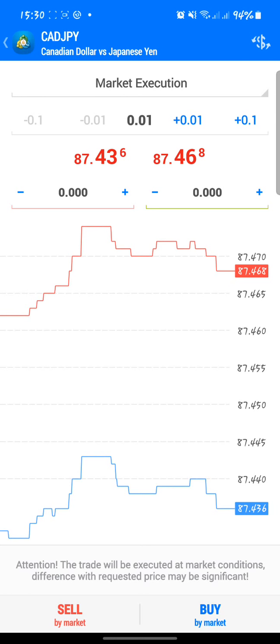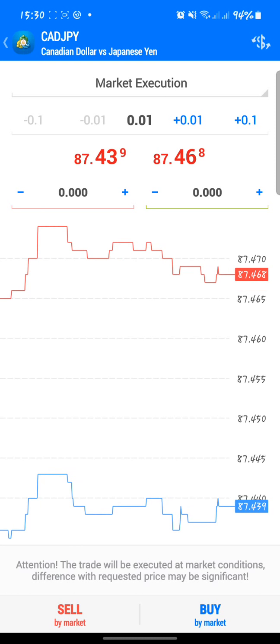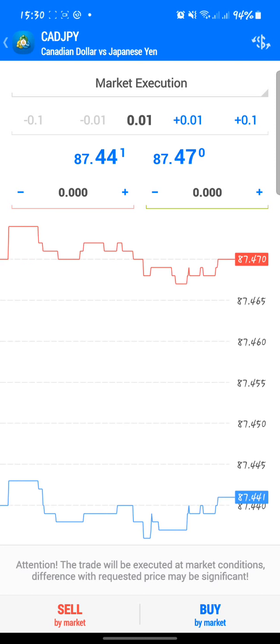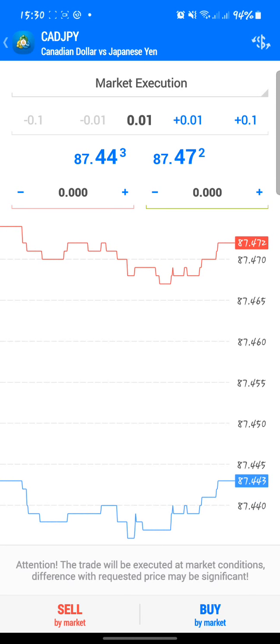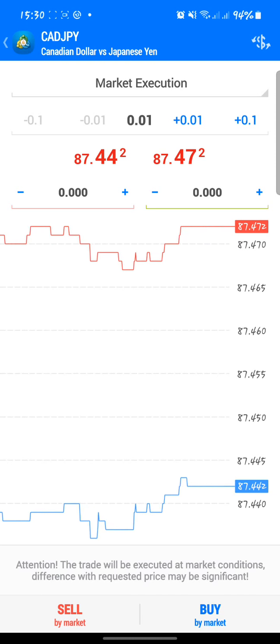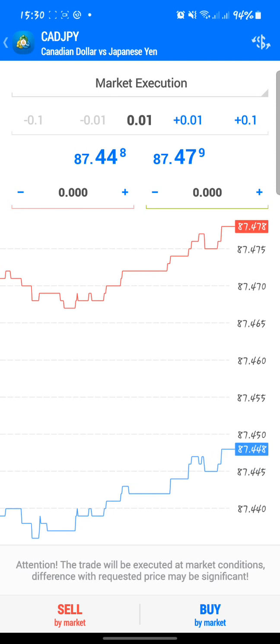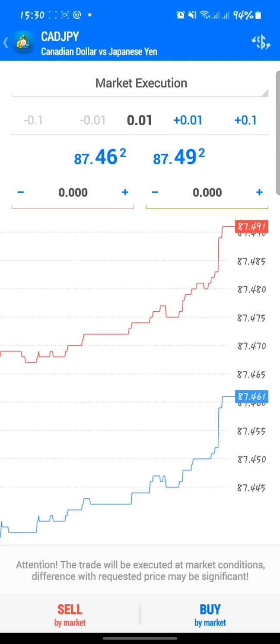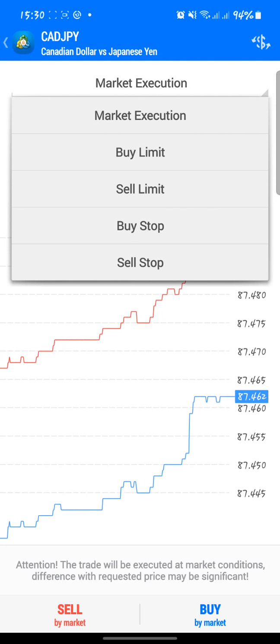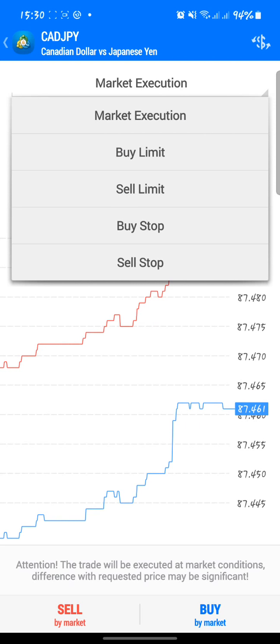All other things are the same, but in this case, when it's a buy stop, or sell stop, or buy limit, or sell limit, you will need the entry price. And the moment you're going to change from market execution, just click there. You see these are the 4 options right here.